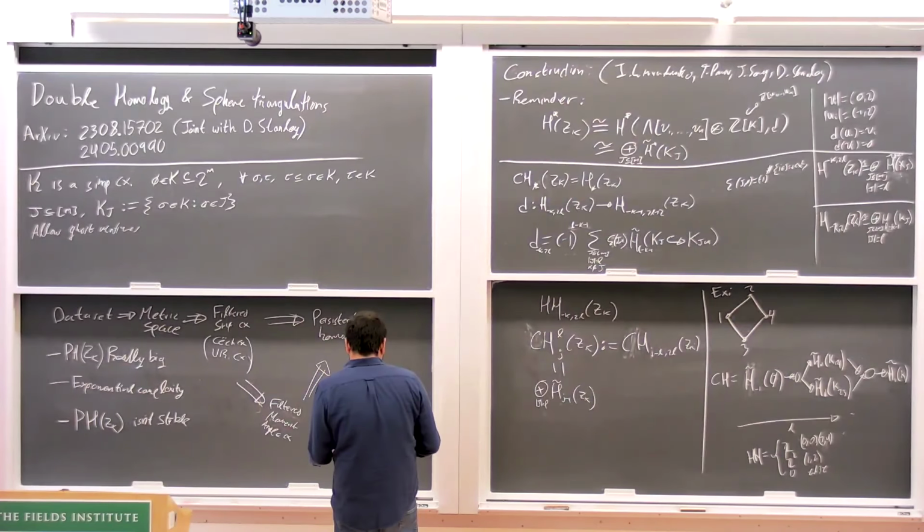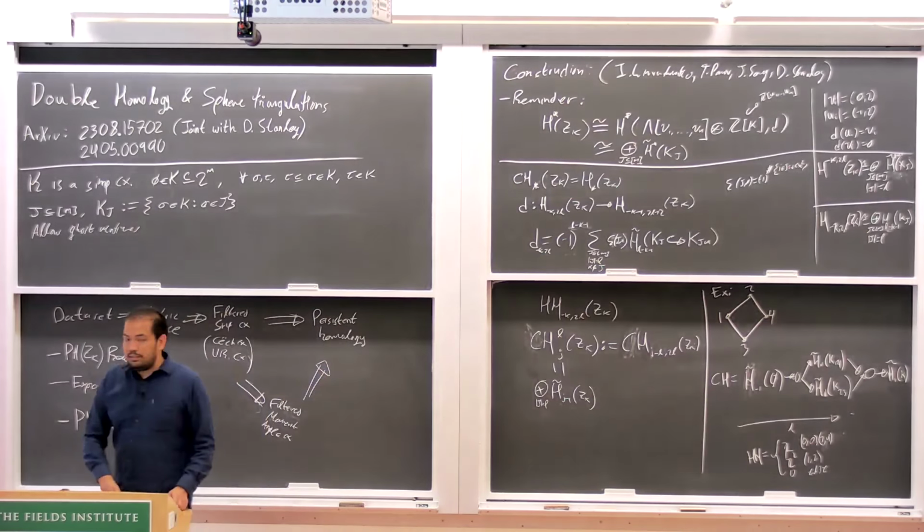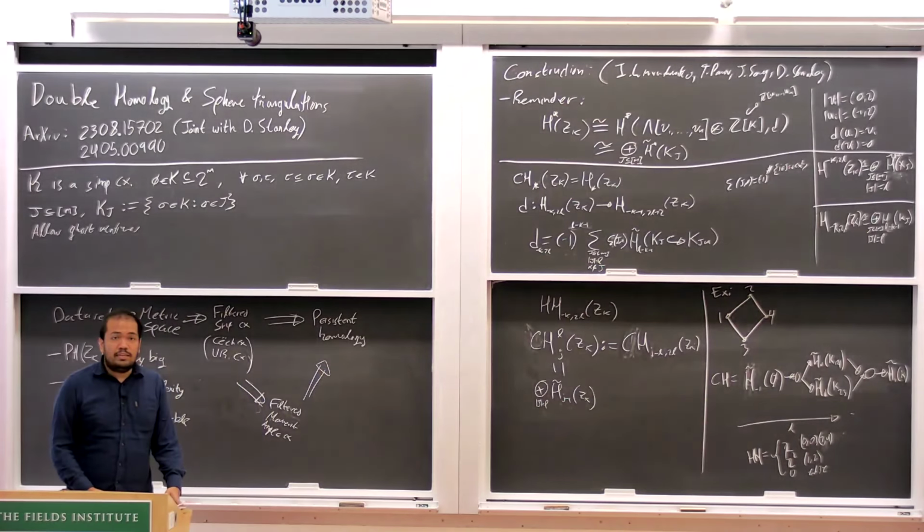Let me see what else we have. Right. Are there any questions so far before I move on to the next thing? Yeah. It's an invariant of K, but can you say anything if ZK1 is homeomorphic to ZK2?